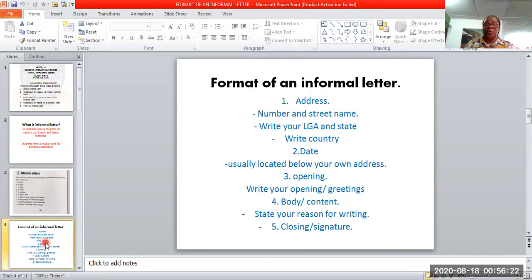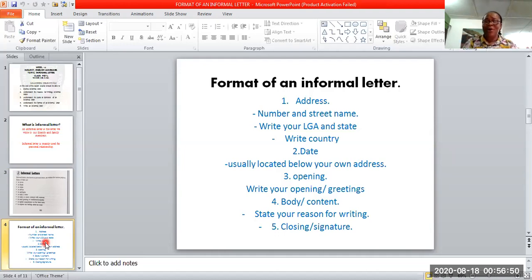The address is important. The address, that is your own address, is important. We must see your address. You must write your address on the far right hand side of your writing pad, up, far right hand side. You write your address there.